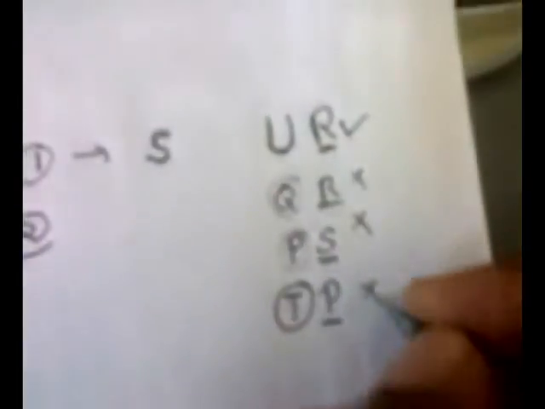So P is immediate right of T, so this also does not satisfy our condition. So our right option is the first option, UR. Now see why we got the first option correct.